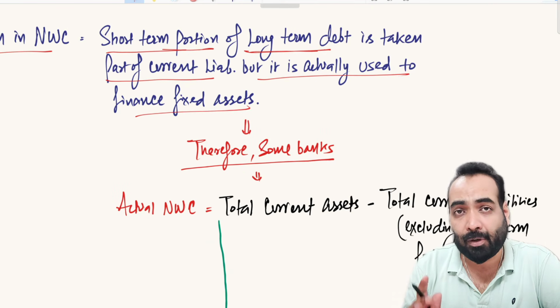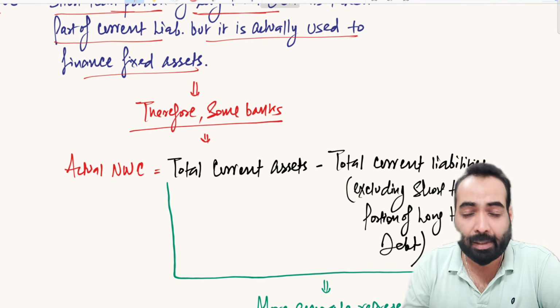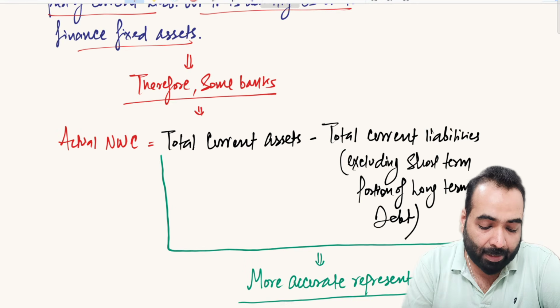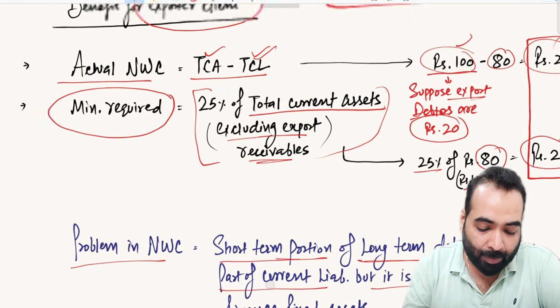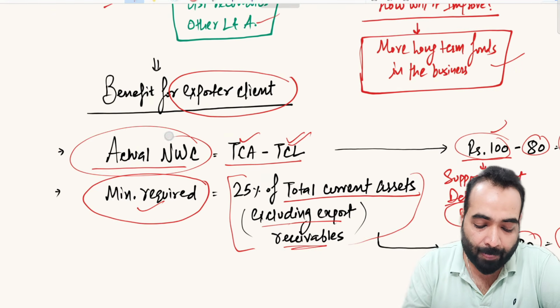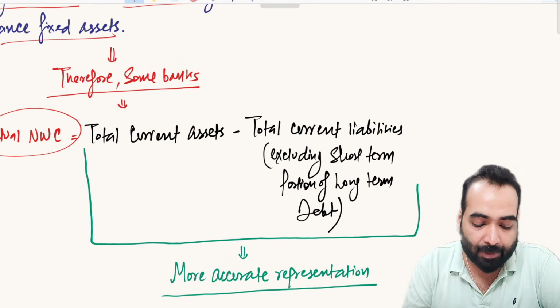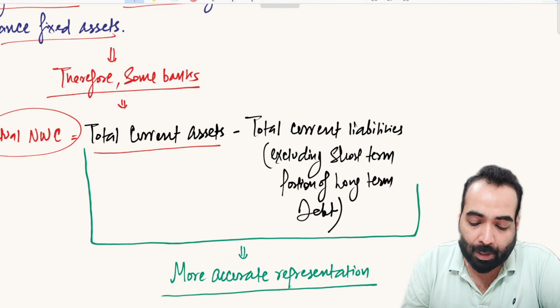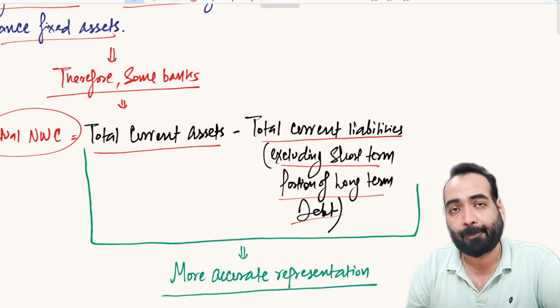But I have seen one or two banks which are doing these things very correctly. What are they doing? While calculating the actual NWC, not the minimum required, the actual NWC, they use this formula: total current assets minus total current liabilities excluding the short-term portion of long-term debt.